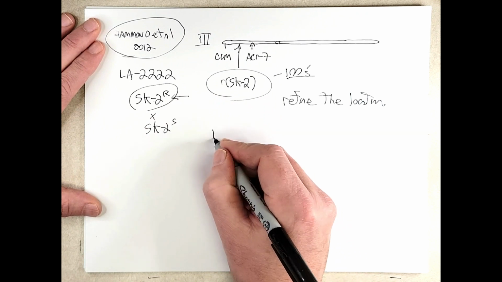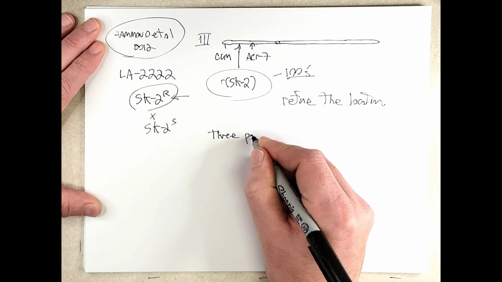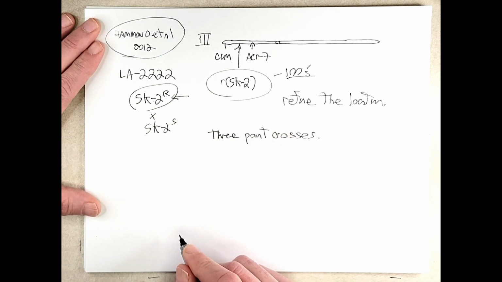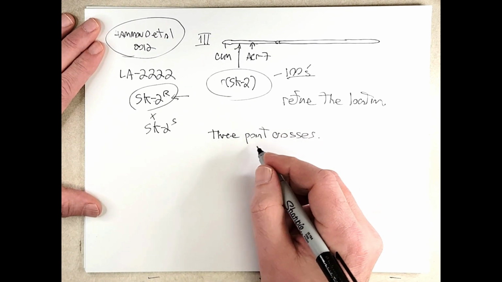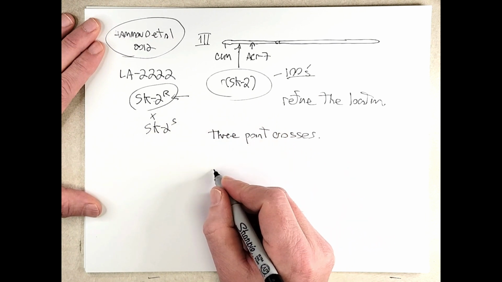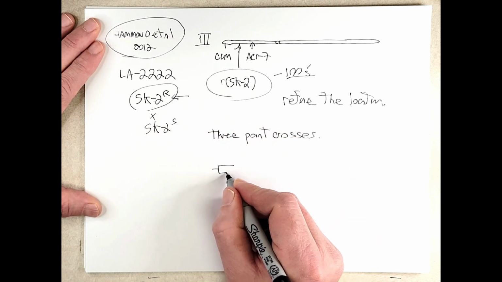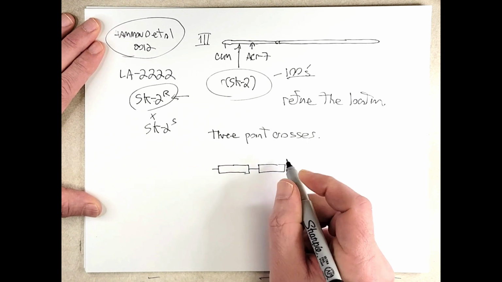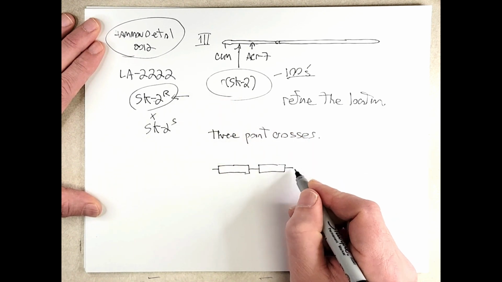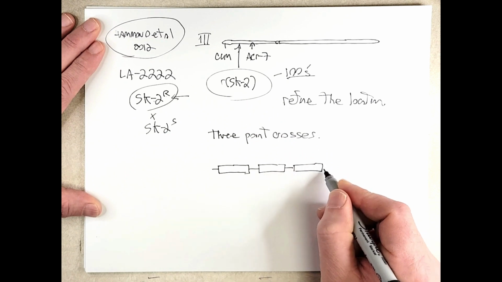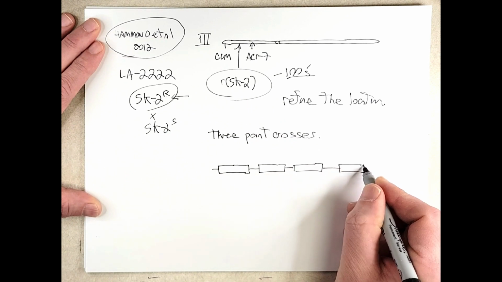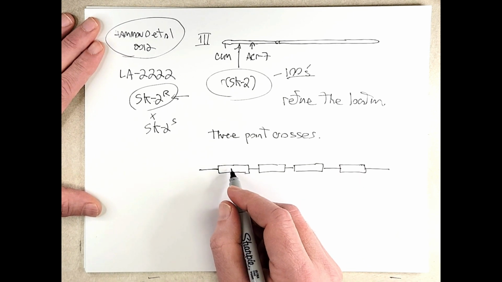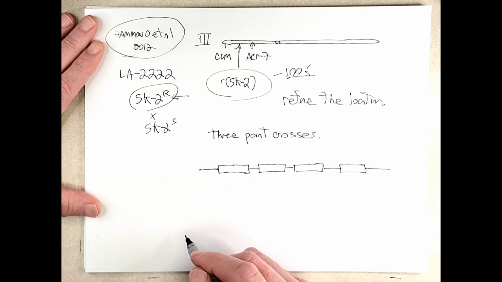And they used 3-point crosses, and maybe some of you remember 3-point crosses from your introductory genetics courses. And so they used 3-point crosses, and what the 3-point crossing data told them was that this RSK2 gene would be found or exists in an interval that contains 4 predicted genes.